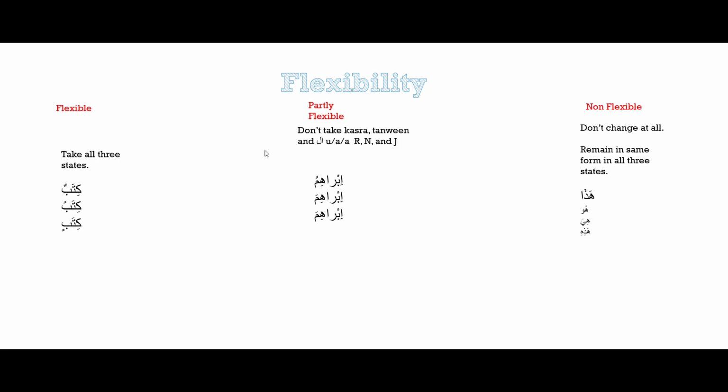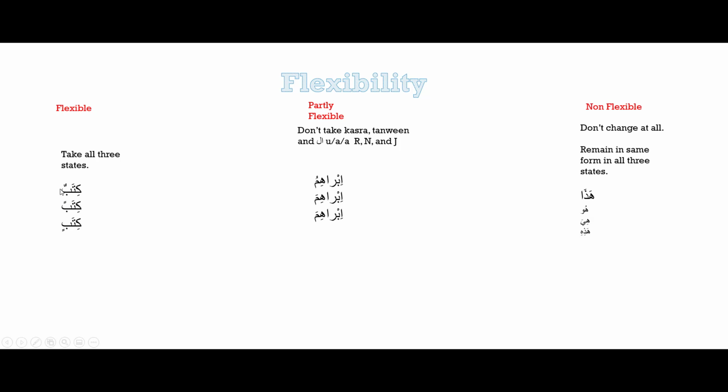What kind of clothes do we wear when we go to work? We wear professional clothes. And what do we wear when we are at home? Informal clothes. So depending on the occasion, we are changing our outfits. In the same way, the isms change the ending signs depending on their function in a sentence. So flexible isms change their ending signs depending on each and every occasion.